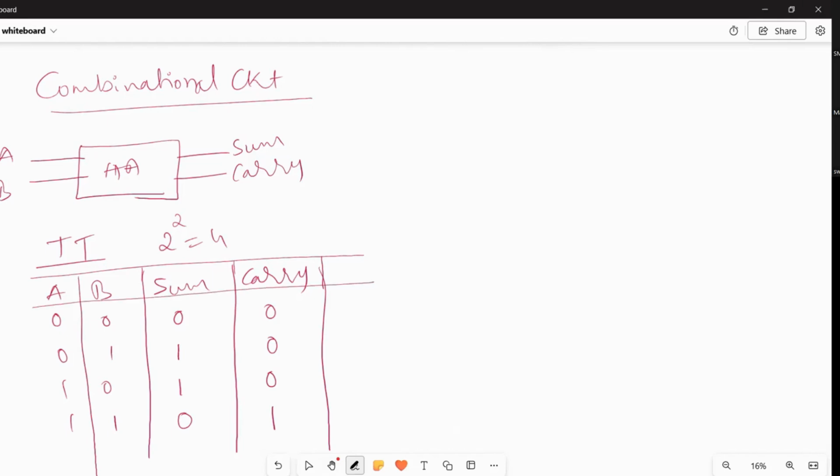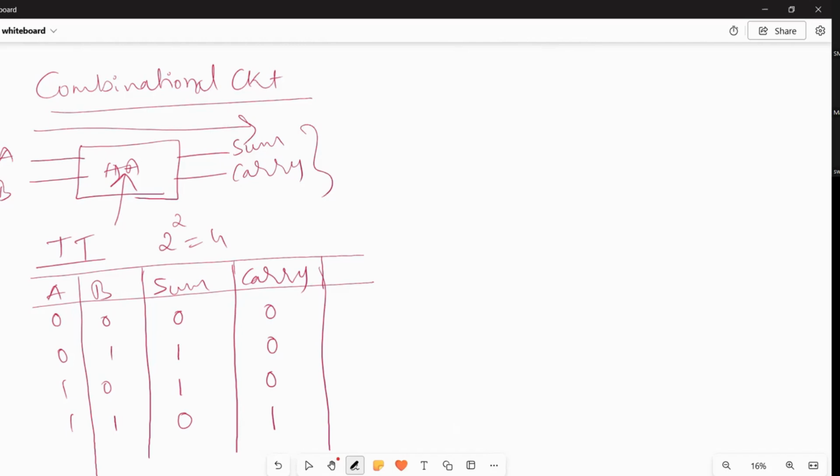In a combinational circuit, I took the half adder example. A and B are the inputs. When I apply inputs, immediately you will get the output, sum and carry.